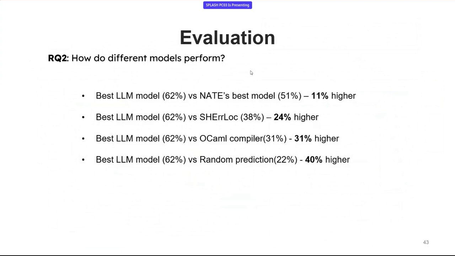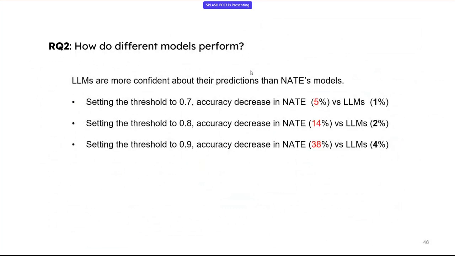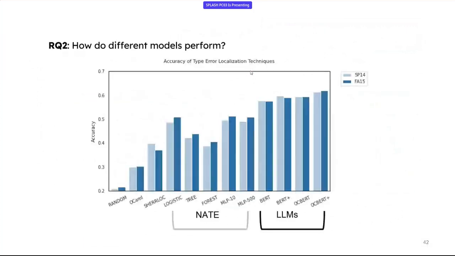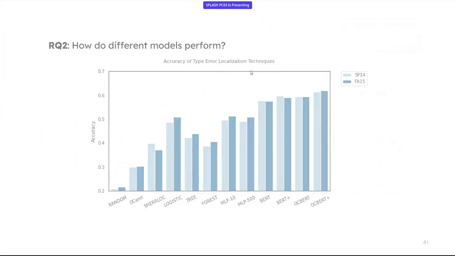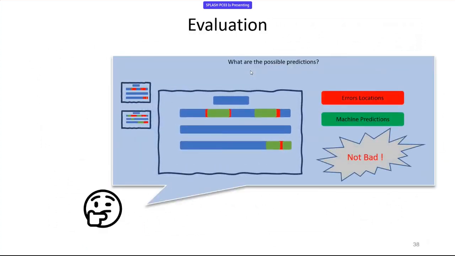Could you give some intuition on how your accuracy scores relate to the utility of the tool? Intuitively, I would think that 0.5 or 0.6 accuracy might be more confusing for a beginner. Sure. If you go back to this kind of example, we cannot exactly pinpoint the sub-expression that causes the type error, but we can cover a very big percentage of that part.